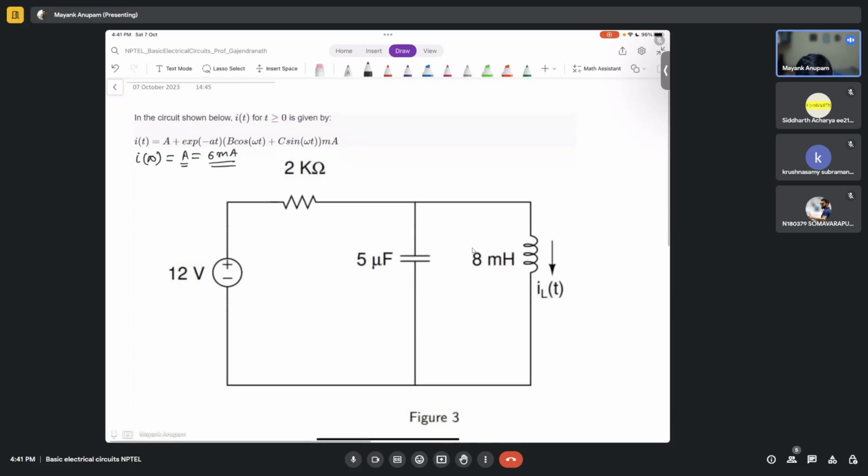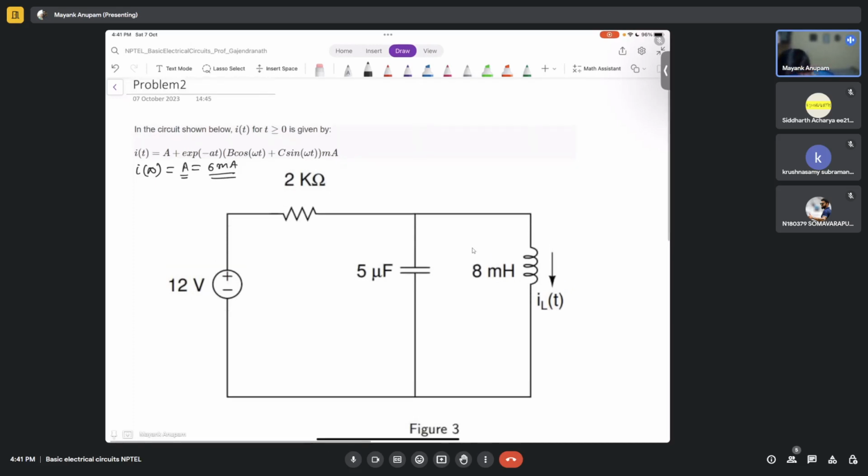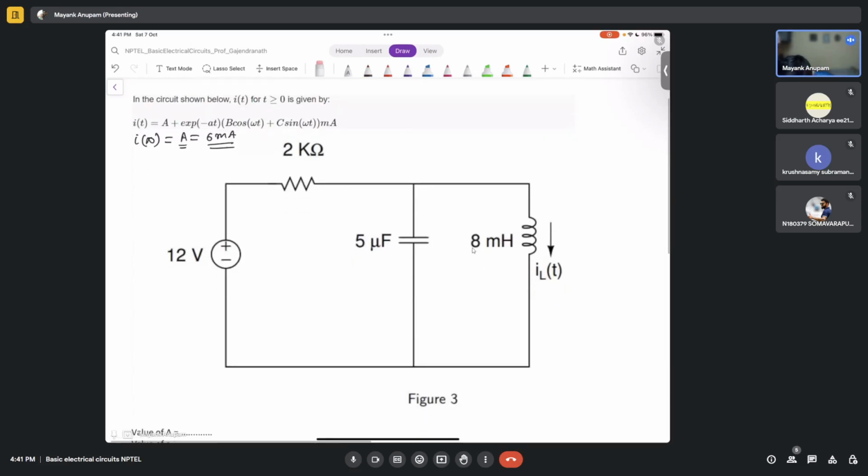Now the second term here is simply the natural response, right? For calculating the natural response, do I need this 12 volts here? I've already found out what A is. For calculating the value of A, I needed this 12 volt voltage source, because A came into the picture only because of this extra voltage source.